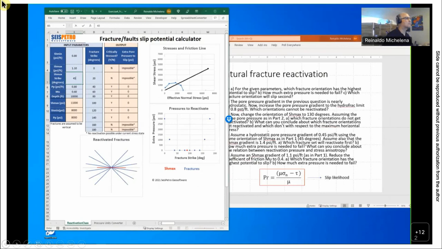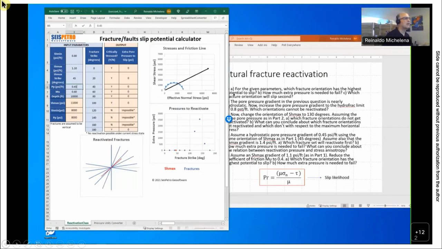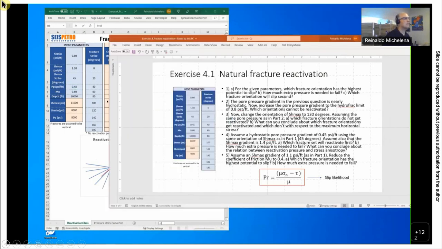The pore pressure is 0.45, which is hydrostatic pressure, like a column of water. The friction coefficient is 0.6. Okay, so this is the input data.